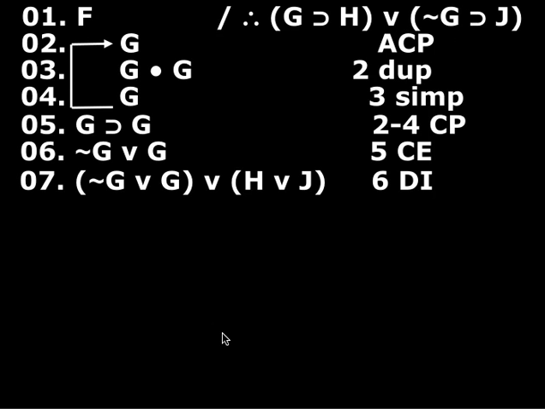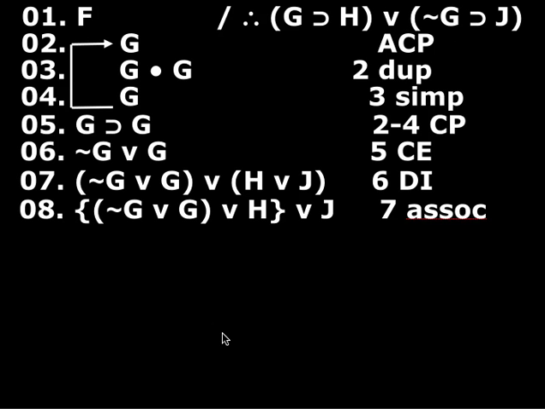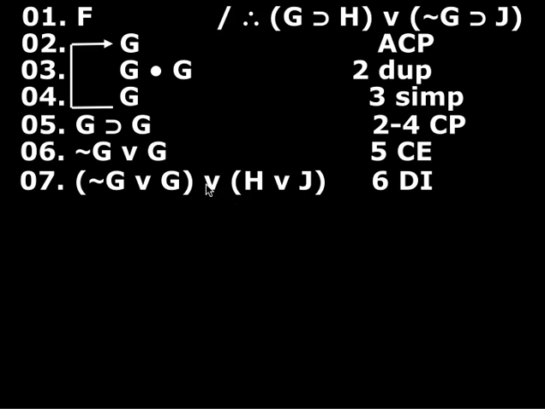Okay, and here's how I'm going to do it. First, I'm going to associate. So right now, I have 3 disjuncts. Let's go back here. You might look at this and say, well, look, it's actually 4 disjuncts. Well, it is, but I can conceive of that as statement or statement or statement.